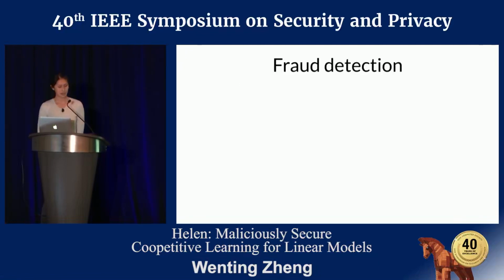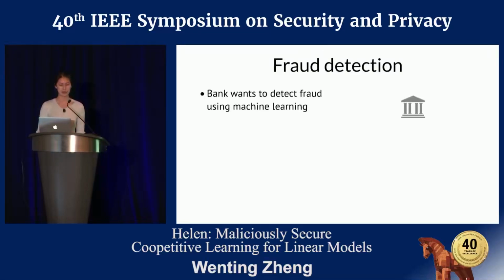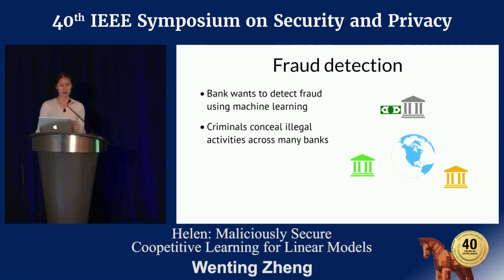So let me first start with a use case, which is a real use case that I think some of you may have seen before, and is also needed by our RISE lab industry collaborators. Here we have a bank who wants to detect fraud using machine learning. However, fraud is difficult to detect by a single bank because criminals try to conceal their illegal activities across many banks.